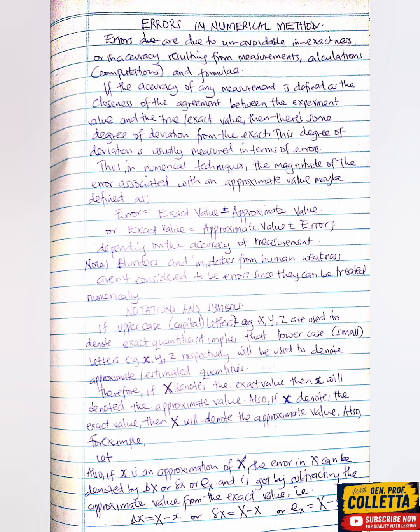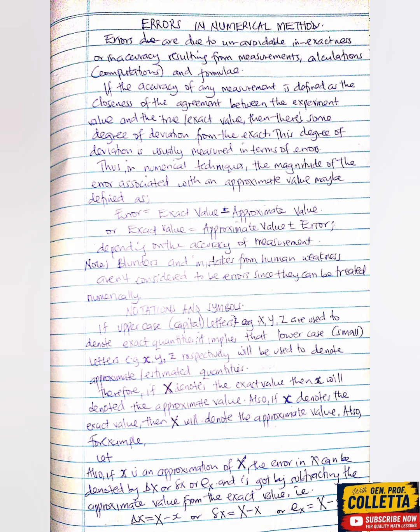Here we are saying that those errors brought by you, the human, for example, pressing 2 plus instead of 2 times 2, aren't called errors because you yourself can treat them numerically. We get it? Then we have a subheading under that, notations and symbols.